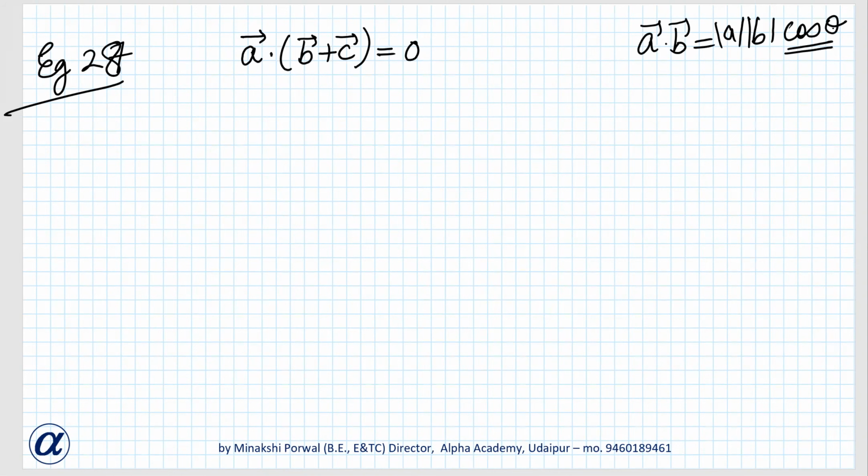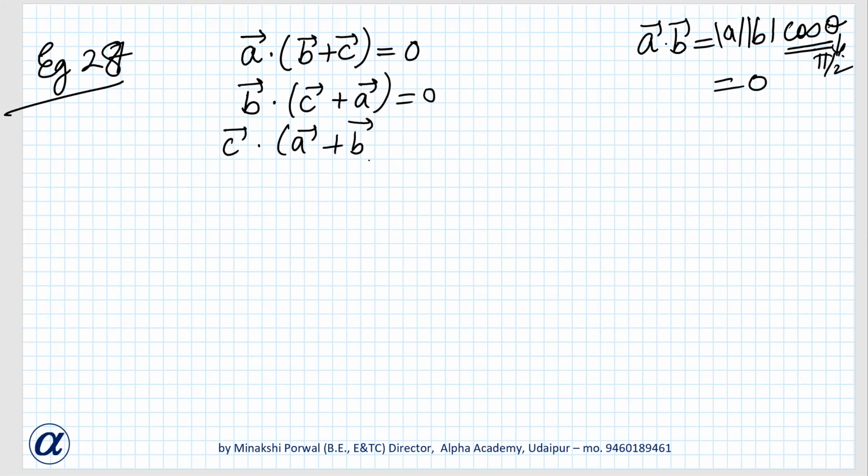Theta is 90, that is pi by 2, so it will be 0. So if they are perpendicular, A dot (B plus C) will be 0. Next, B dot (C plus A) is 0, and C dot (A plus B) is 0. These three things are given.